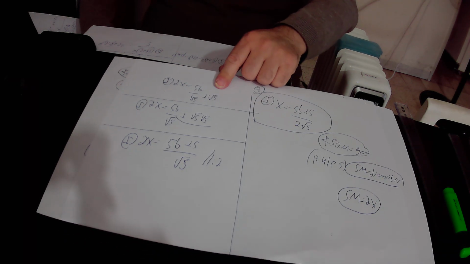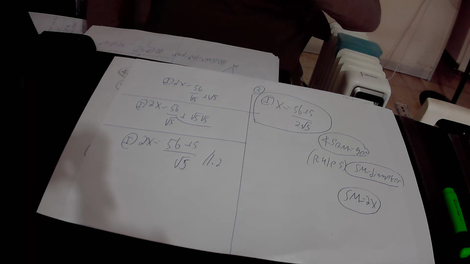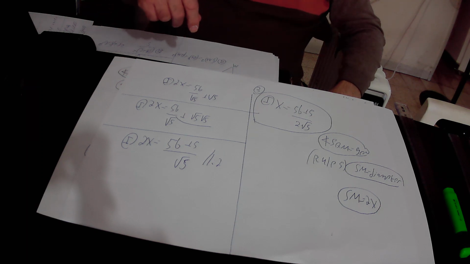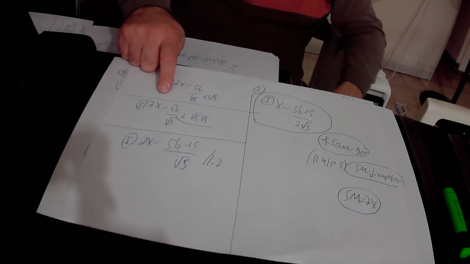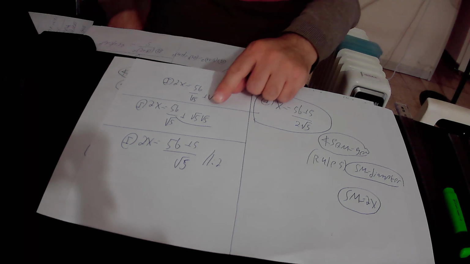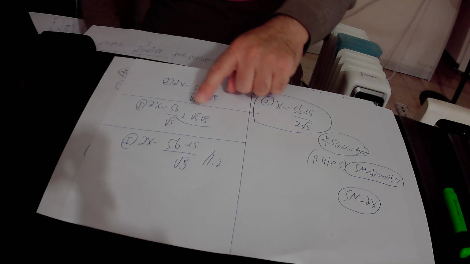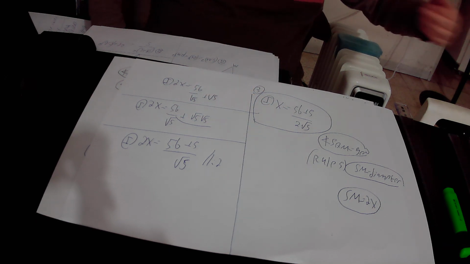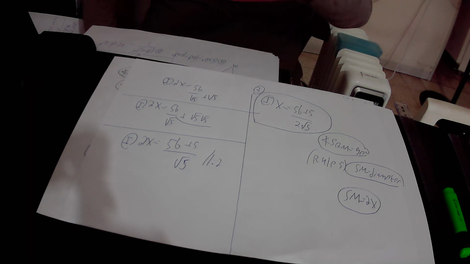Here we multiplied square root of 5 by square root of 5, and then divided by square root of 5, in order to have a common factor with this expression. We changed nothing, therefore this operation is allowable.